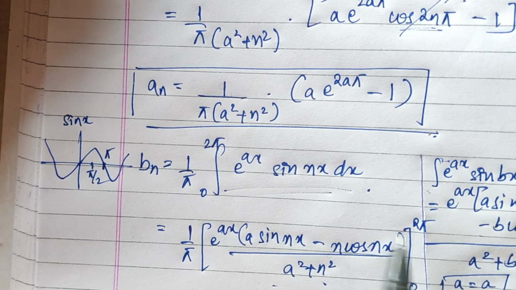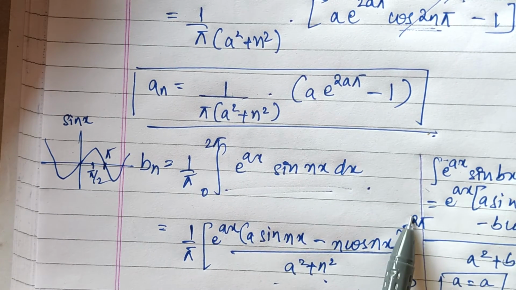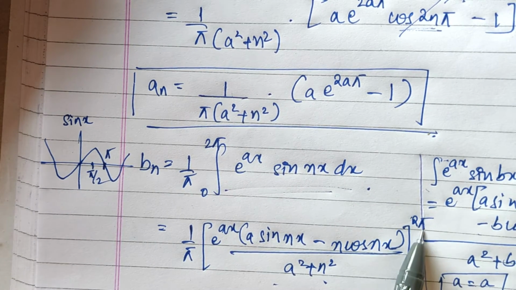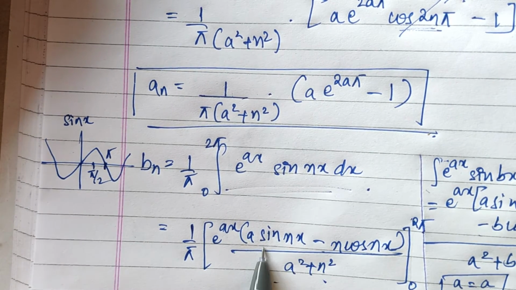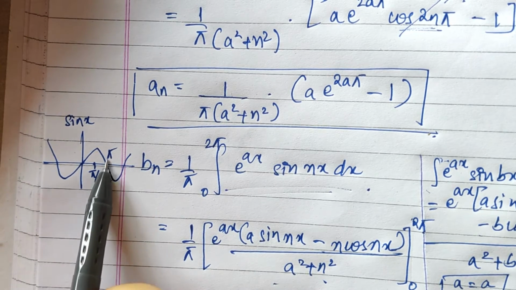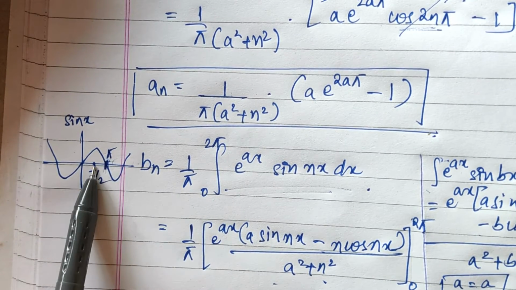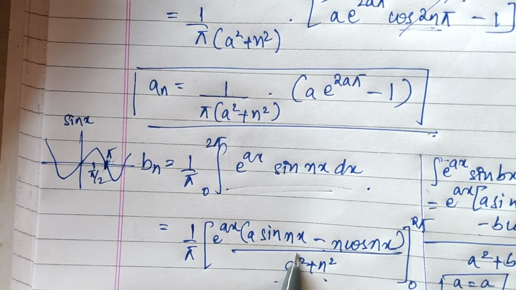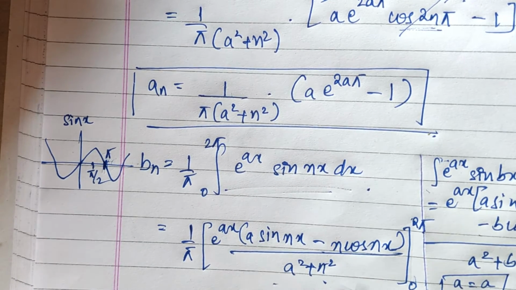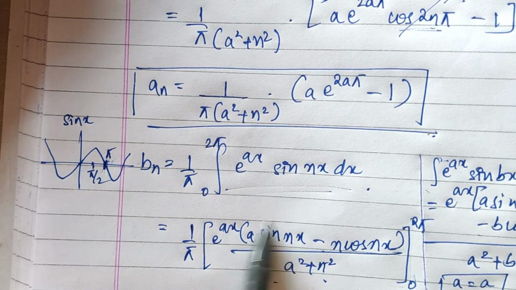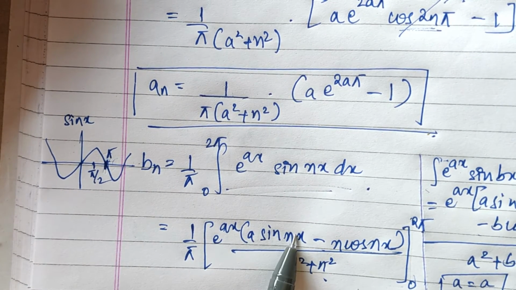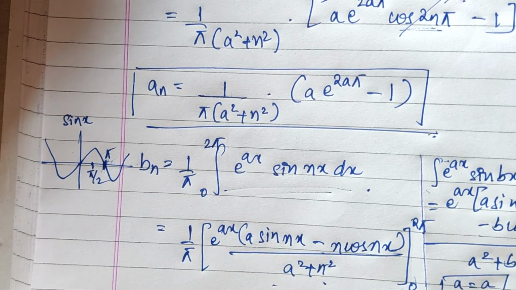So now on substituting the limits, sin 2n pi will be equal to 0, right? Any even multiples of pi in the sine curve will be 0, as well as sin 0 will also be 0. So this term virtually does not exist. Okay? So we don't even need to put that as a step.